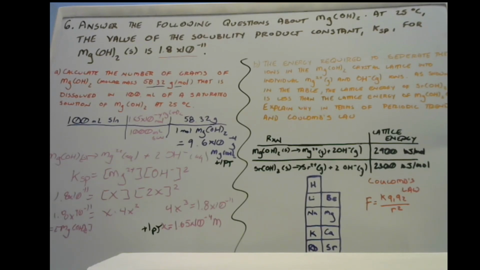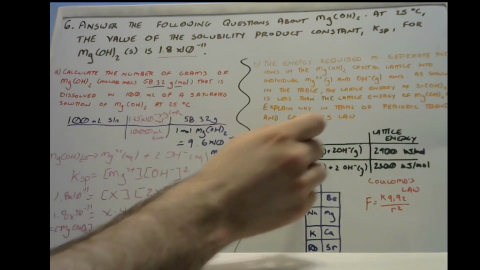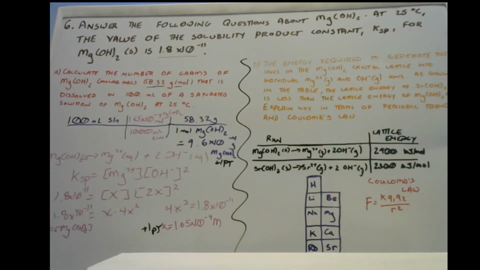From that, we can say, according to Coulomb's law, because there's a larger distance between the nuclei of the strontium and hydroxide, the force between them will be smaller, because when you divide by a larger number, you get a smaller number. 5 divided by 1 gives you 5. 5 divided by 5 gives you 1. 5 divided by 10 gives you a half.